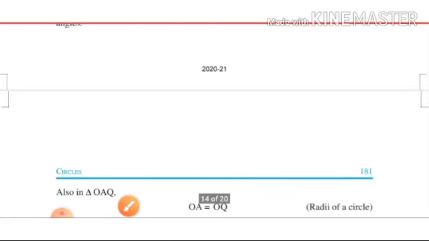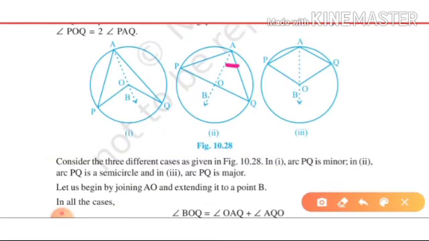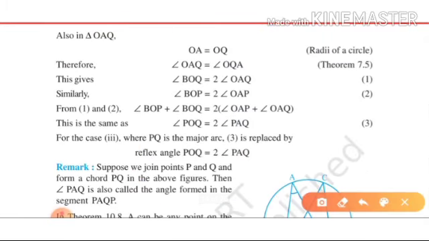So what we are getting entirely is this angle and this angle. So we have written from the figure that this is equal to this.